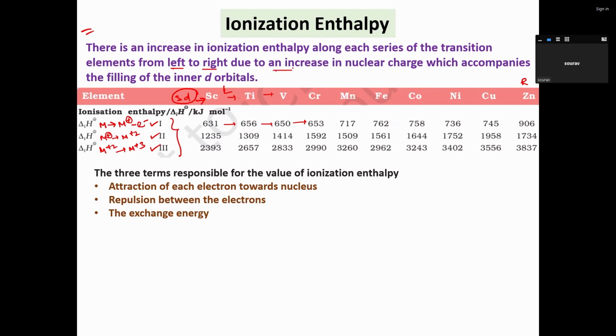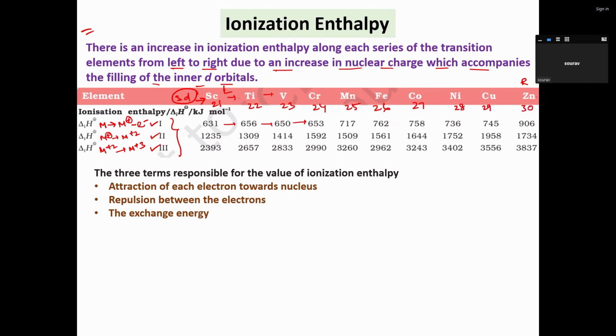It increases due to an increase in the nuclear charge, which accompanies the filling of the inner d orbital. Scandium has atomic number 21, then 22, 23, 24, 25, 26, 27, 28, 29, and 30.